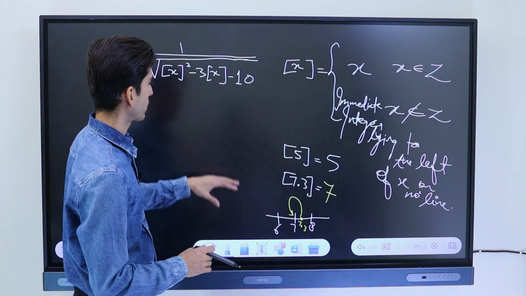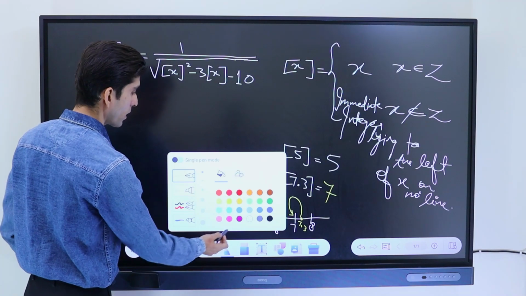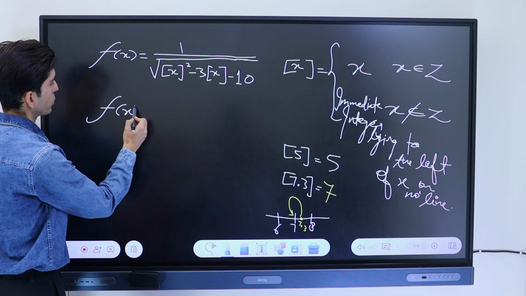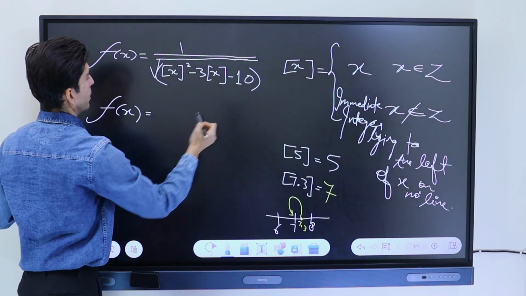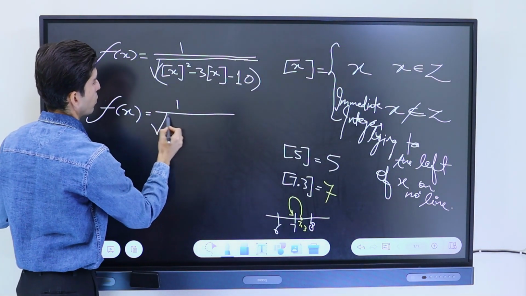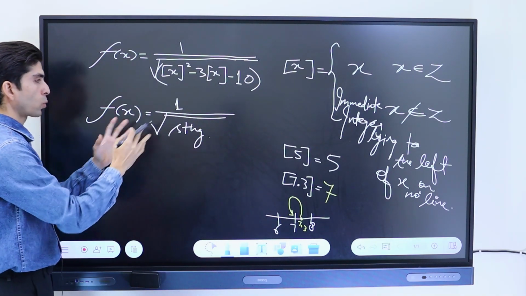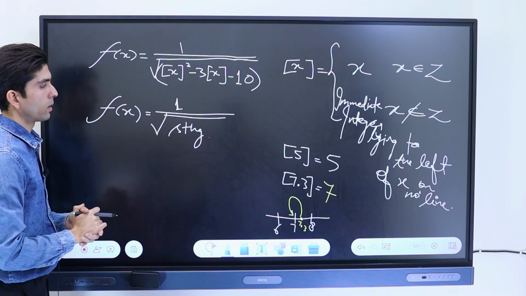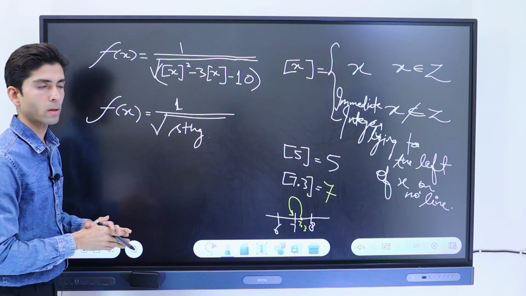So if you understand this, now this question becomes very easy for you all. And just as we have solved the square root function, this structure is quite similar to 1 upon square root of something. When we have a square root function in the denominator, and we want to find the domain, we have to define our expression.